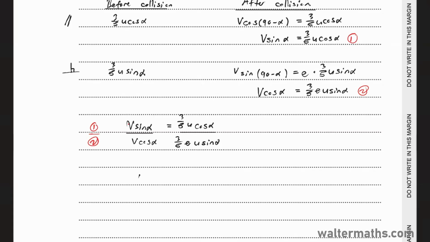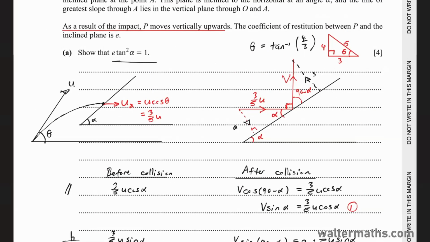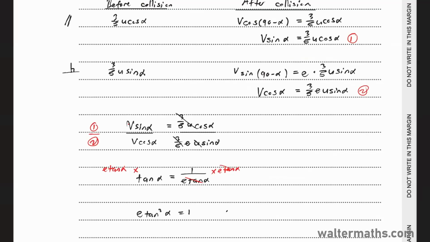On the right side the 3/5 u cancel out, leaving 1 over E tan alpha. If we multiply both sides by E tan alpha, we have E tan squared alpha equals 1. That's what they want us to prove. Therefore, shown.